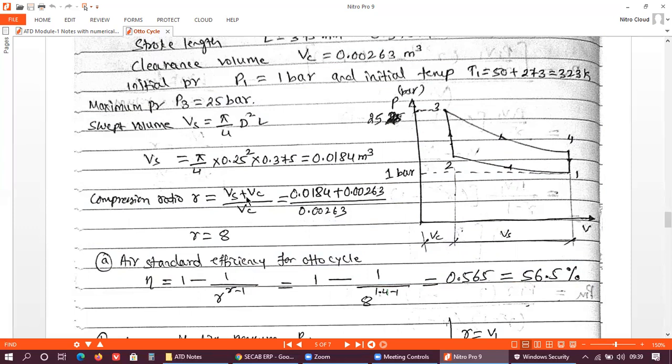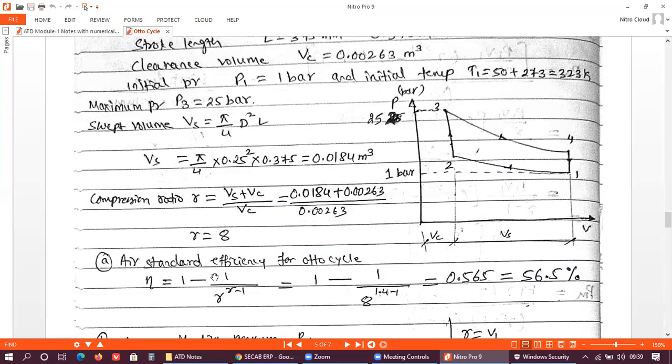Total volume is the sum of stroke volume plus clearance volume. So 0.0184 plus 0.00263 divided by 0.00263. If you substitute here, you will get the compression ratio 8.